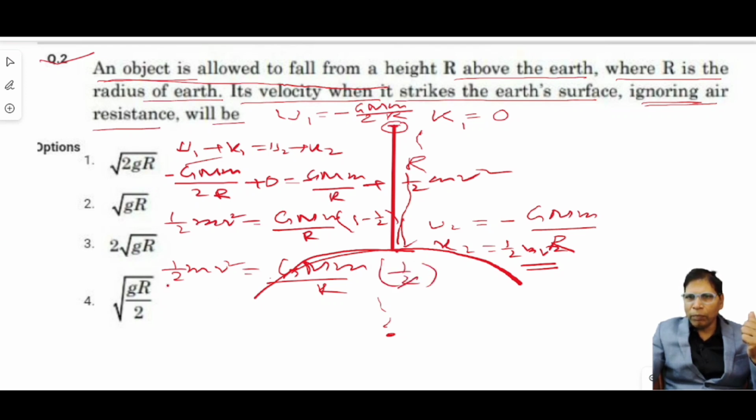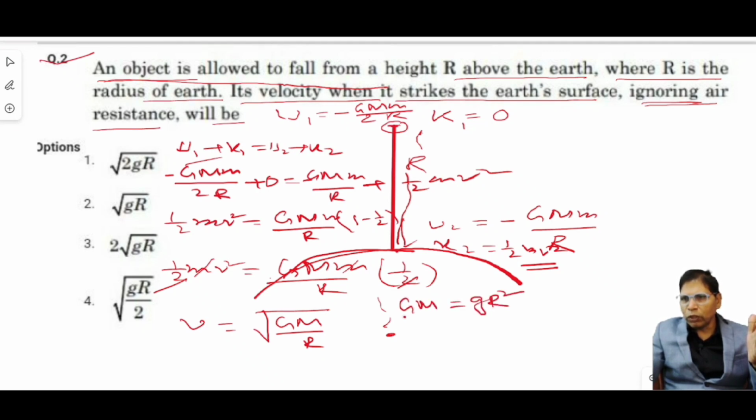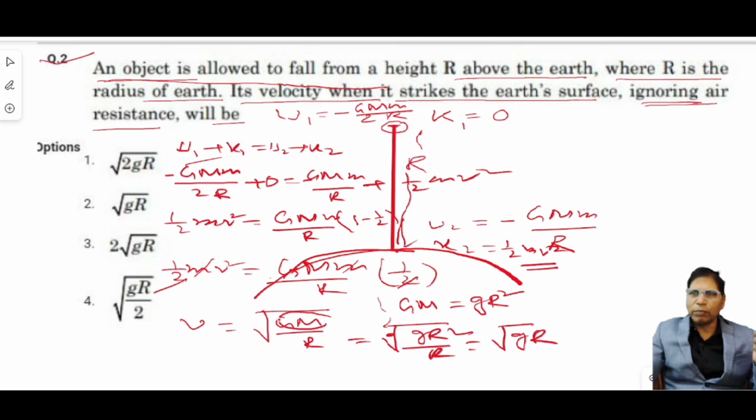Now this half and this half cancel out, small m cancels out, so v becomes root over GM by R. Now you know GM equals gR square. Therefore if we put the value of GM here, we get gR square divided by R. So v equals root gR, which is the velocity at the earth surface.